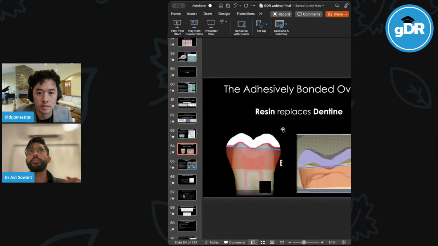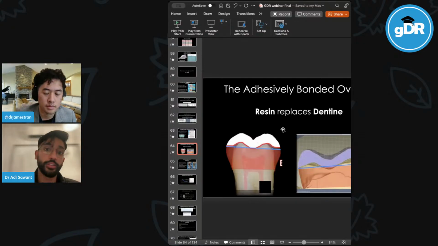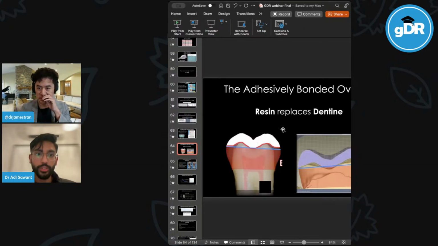If you've got a load perpendicular to the prisms, it can tolerate that load about half as much as what the research shows. It's like 11 versus 25, compared with beveling the enamel and having the load parallel to those prisms.